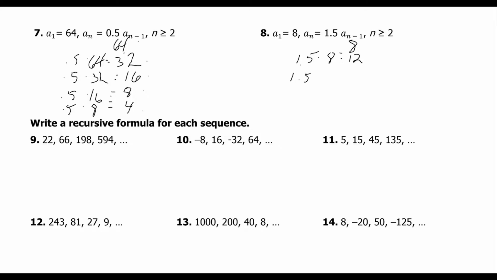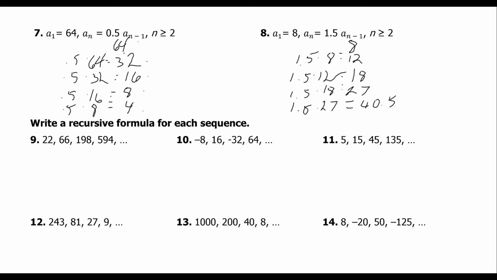And then 1.5 times 12 equals 18. 1.5 times 18 is going to equal 27. And then 1.5 times 27 equals 40.5.